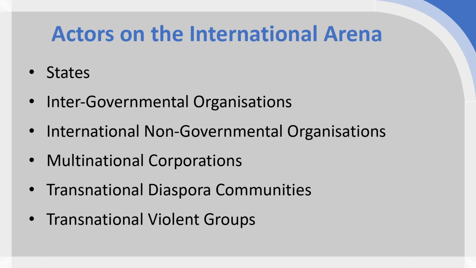Talking of conflict, the last group that we should at least mention, even though we're not going to give a huge amount of focus to it during the unit, is transnational violent groups. So these are groups like ISIS and other actors who really do operate across borders. So they are fundamentally part of the international arena.